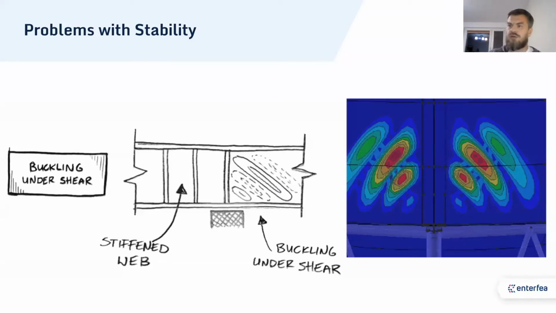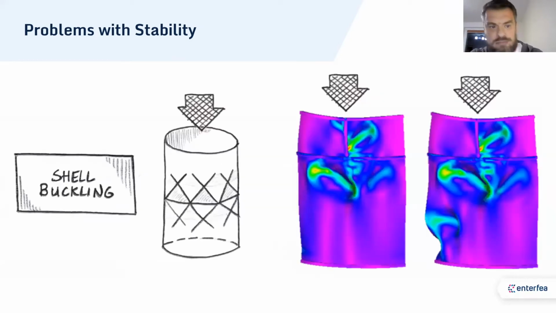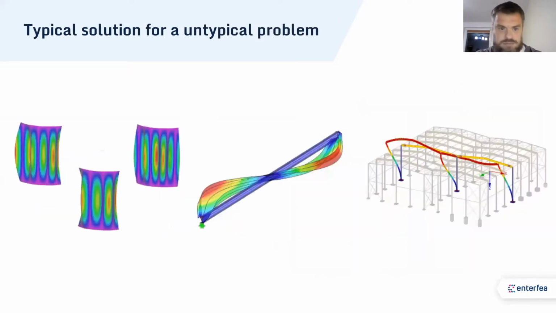This is why when you look at a steel bridge, it has stiffeners near the support. On one hand, you don't want to crush the support, but also those stiffeners prevent the shear buckling. And of course, then you have shell buckling, which is so complicated that it's an entirely different thing. Shells buckle really, really ugly.